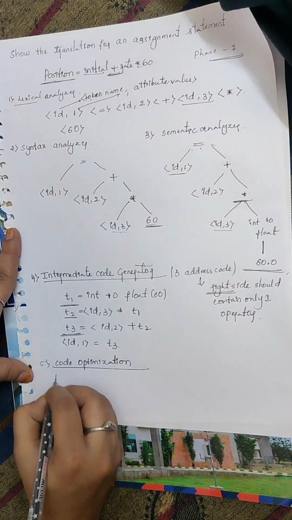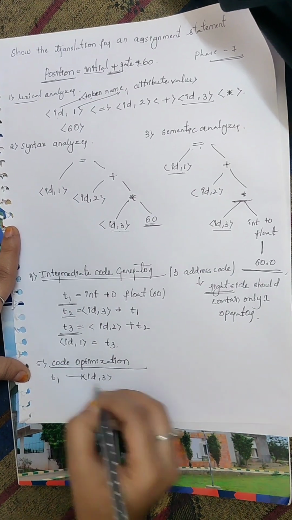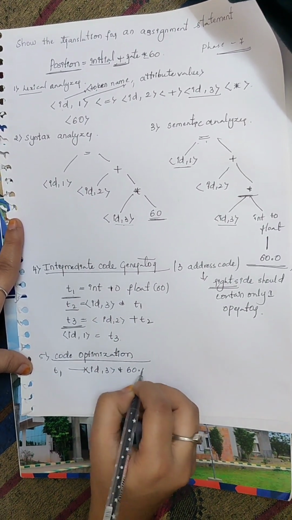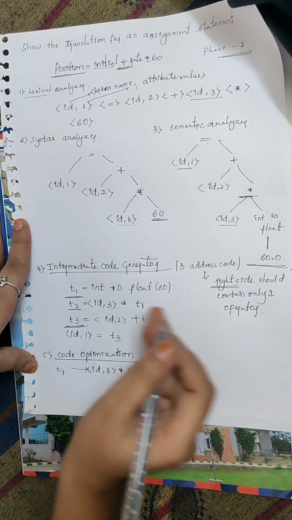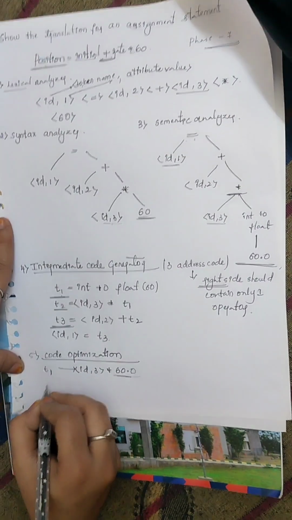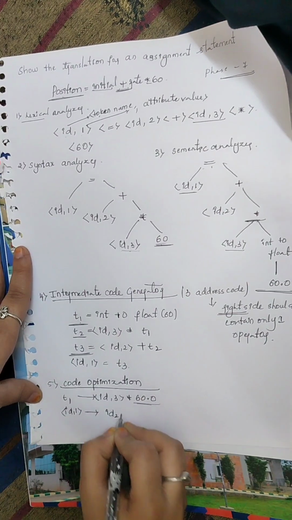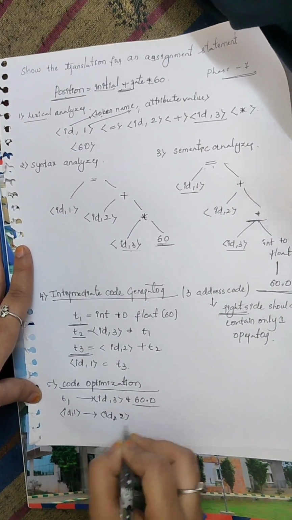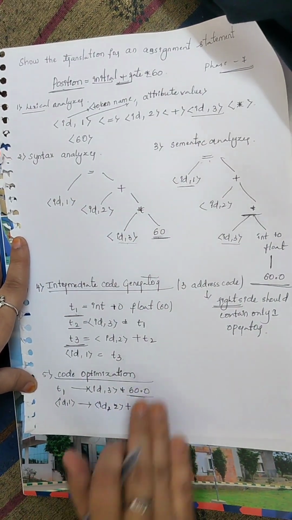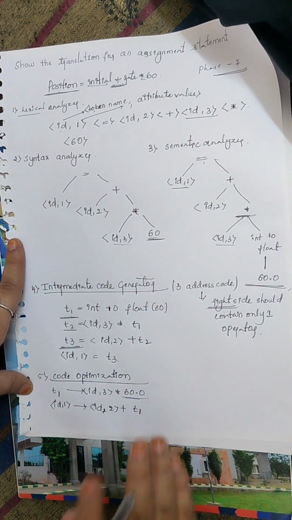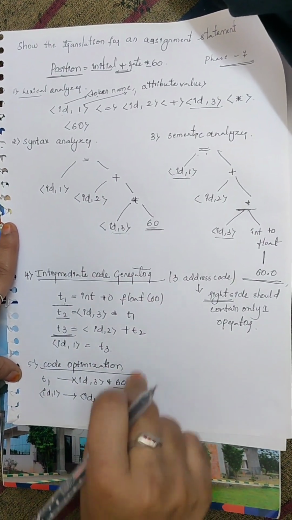Let us take t1 = id3 * 60.0. Directly I am using the float value, so I don't need to consider the earlier t1 with inttofloat. Next, id1 = id2 + t1. That is the code optimization. We had 4 lines, now we have 2 lines, but the output is the same, so it is more efficient.